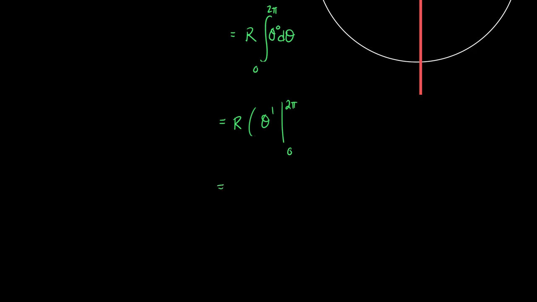If I put in my evaluating signs, I get 2 pi minus 0, or 2 pi r. I know you know the answer, but do you see why it's the answer now? That to me is more important. I want you to have faith that the math does what you expect it to do.